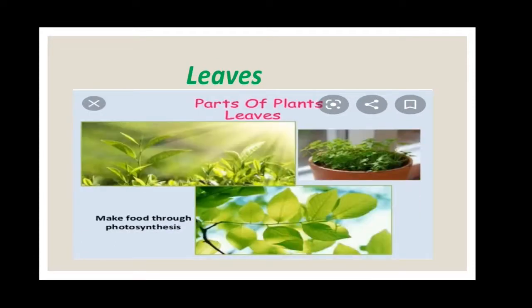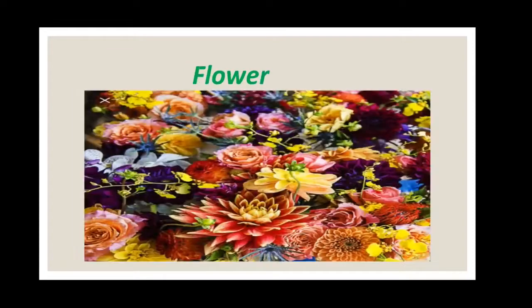Next is leaves. Who is the cook of the plants? Leaves make food with the help of sunlight. So the cooking house of the plant is the leaves. Next is flower. Flower is the most colorful part of the plants.